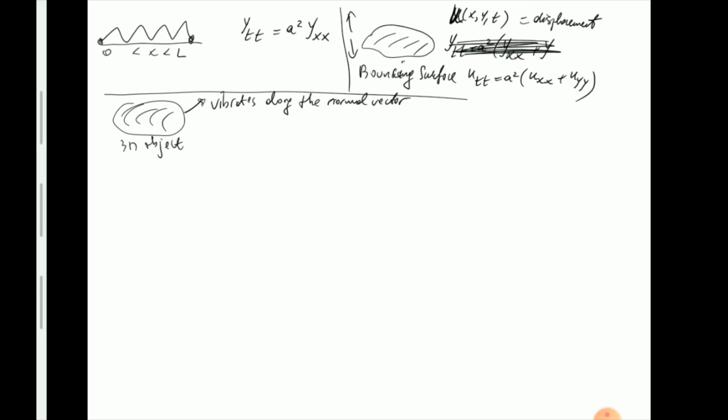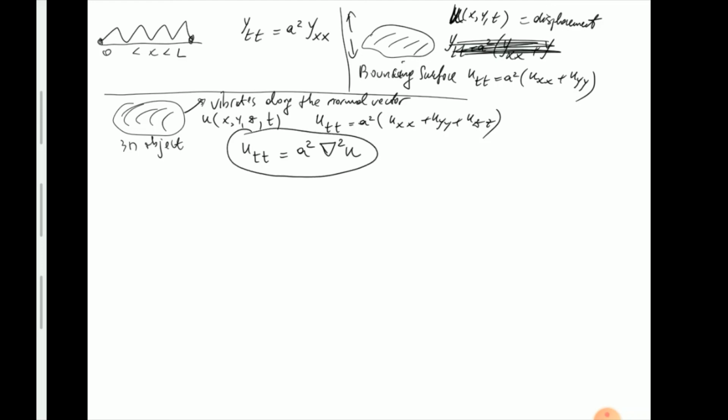And in that case, of course, the displacement will depend on 3 space variables, x, y, z, and the time t. And then the wave equation will be given by this: u partial t twice equals a squared times the Laplacian. So in general, the wave equation is the second derivative with respect to t equals a constant times the Laplacian.